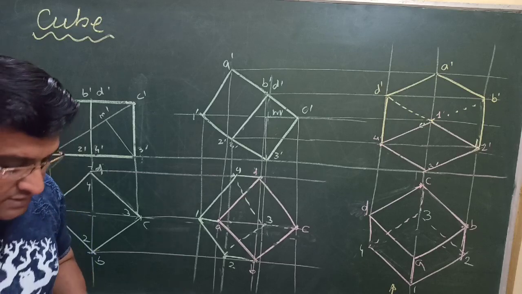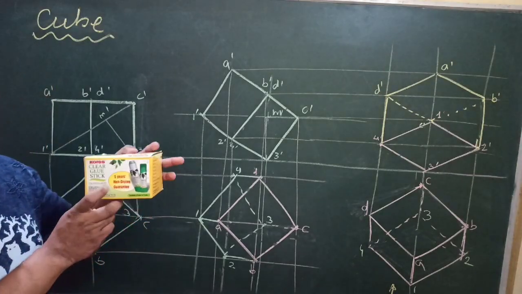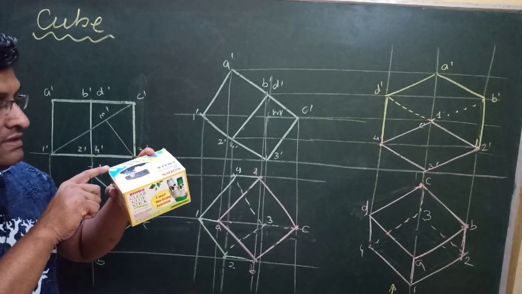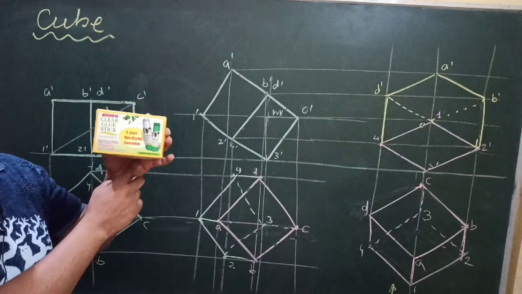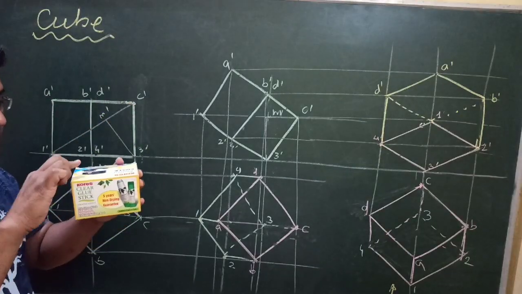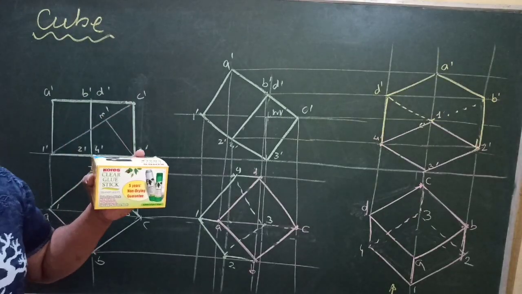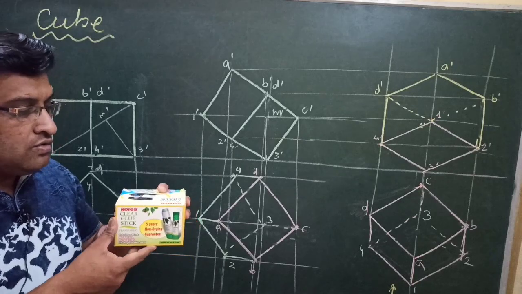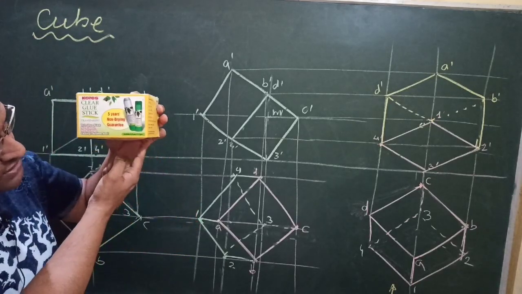First, let us understand what a solid diagonal is. Say for example, this is a cube. It has 4 upper corners and 4 lower corners. We have named the upper ones A, B, C and D and the lower base corners 1, 2, 3, 4. A solid diagonal is nothing but an upper corner to the opposite lower corner.